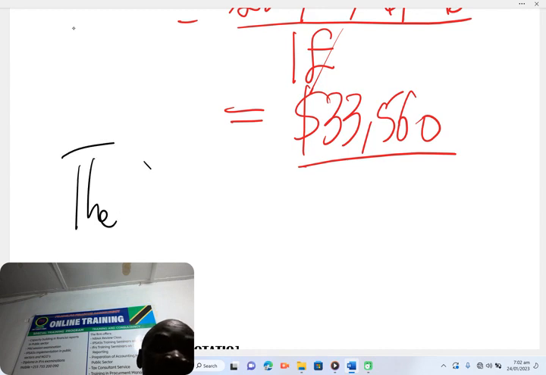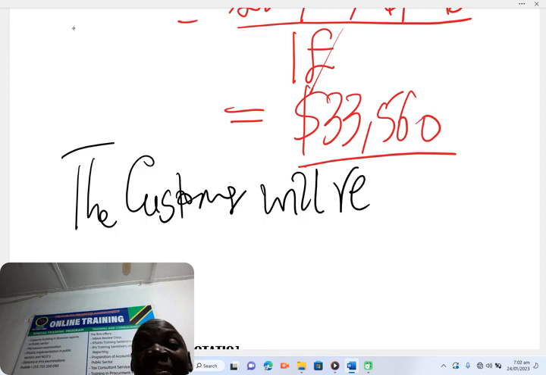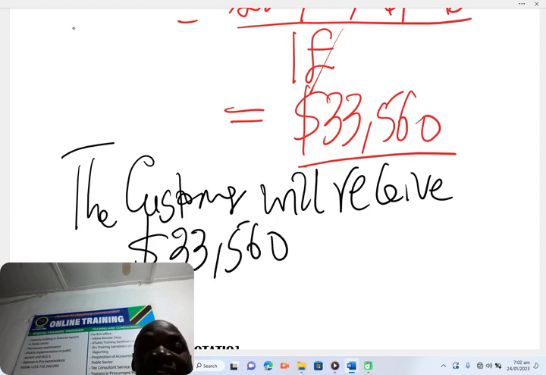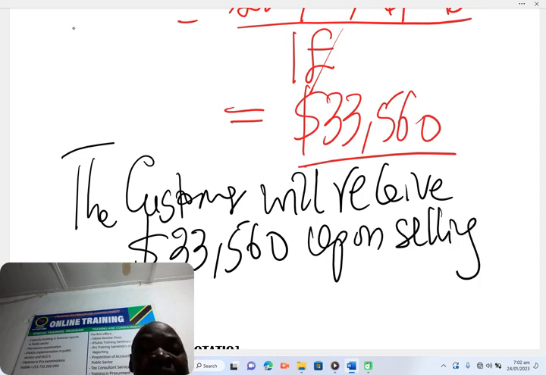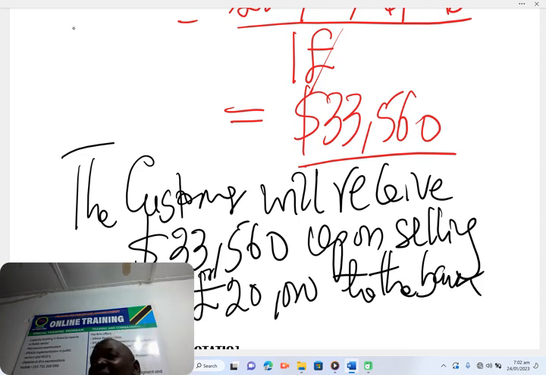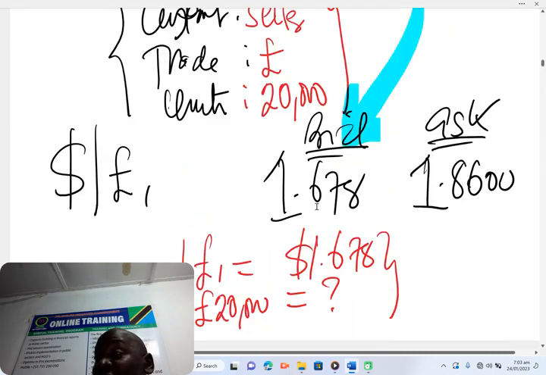Now you start with: the customer will receive how many? $33,560 upon selling pounds, what? 20,000 to the bank. Do you get something there? Yes. This is the last portion we are solving, isn't it?